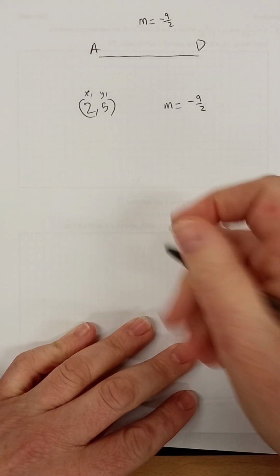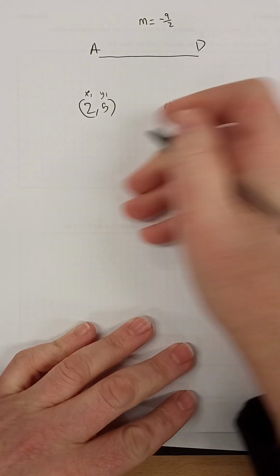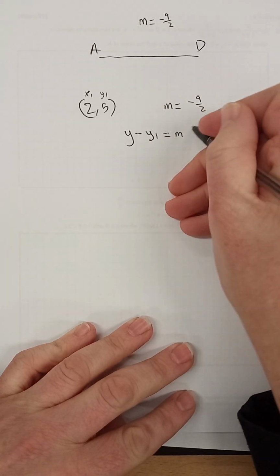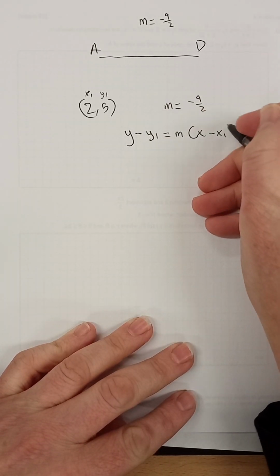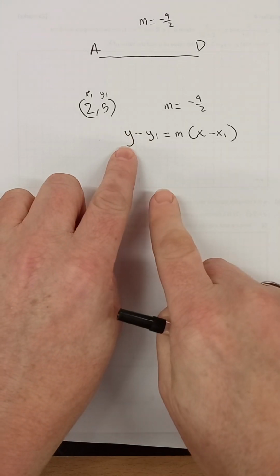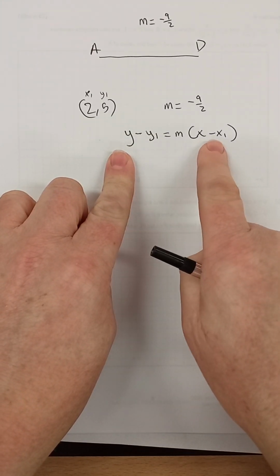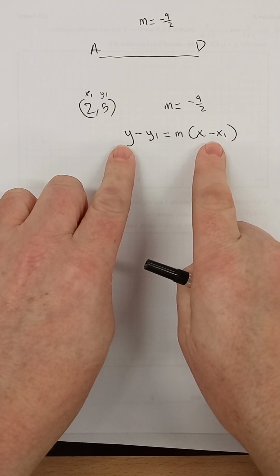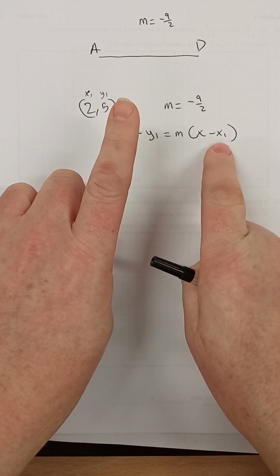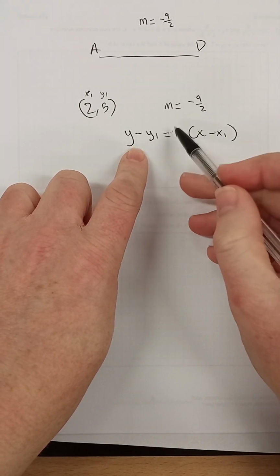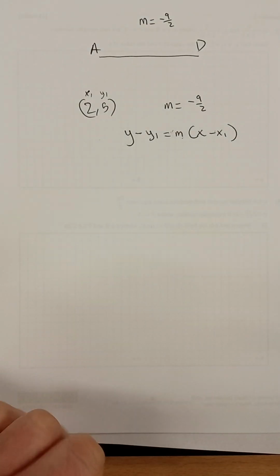The formula on page 18 for the equation of a line is y minus y1 is equal to m bracket x minus x1. Now be careful. That y, that minus, that m, that x, that minus, they're built in. So the only thing you're popping in is that number for x1, that number for y1, and replace the m with your slope. So you watch me do it.